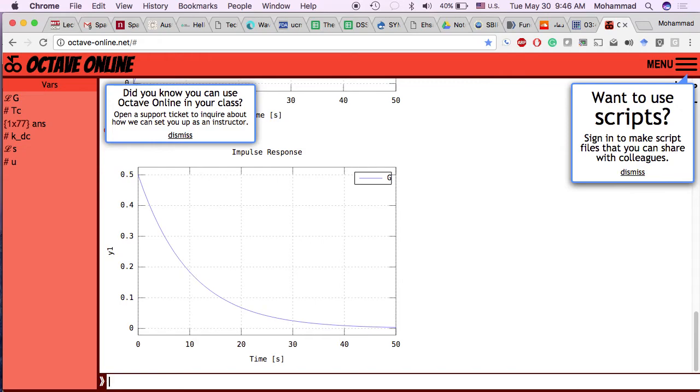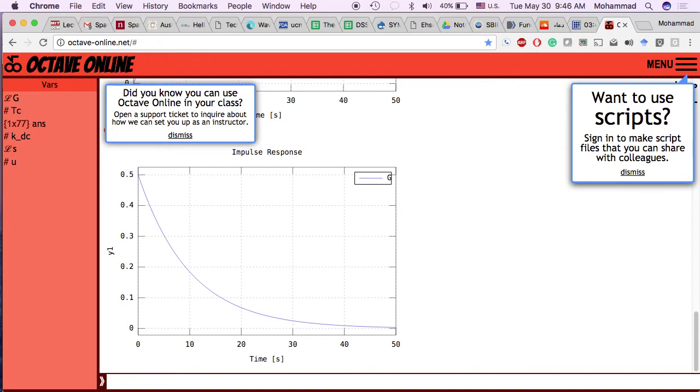Now, if you only had this plot, could you calculate the time constant of this system? It said time constant is the time by which 63% of the change has already happened. Now the change in here is going from 0.5 to 0.